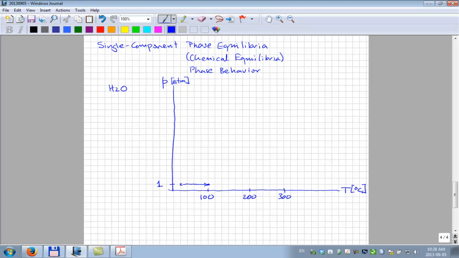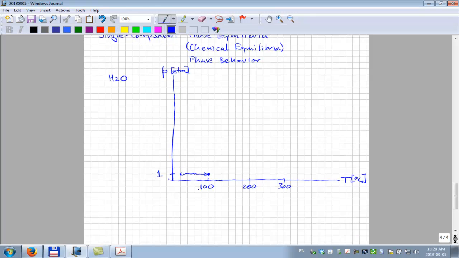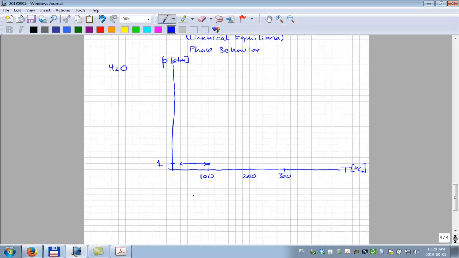The water molecules disappear as steam. And that is what we call that water at 1 atmosphere and 100 degrees C.